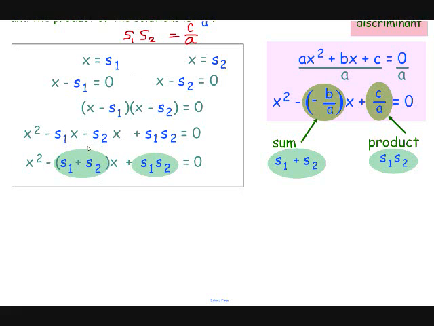You could work this all out for yourself if you like, but right here we can factor out an x, actually a negative x, and what we will have left is a positive solution 1 and a positive solution 2, which is exactly what we said we were going to find, that the sum of solutions was going to be negative b over a, and the product of solutions, which is right here, is going to be c over a.